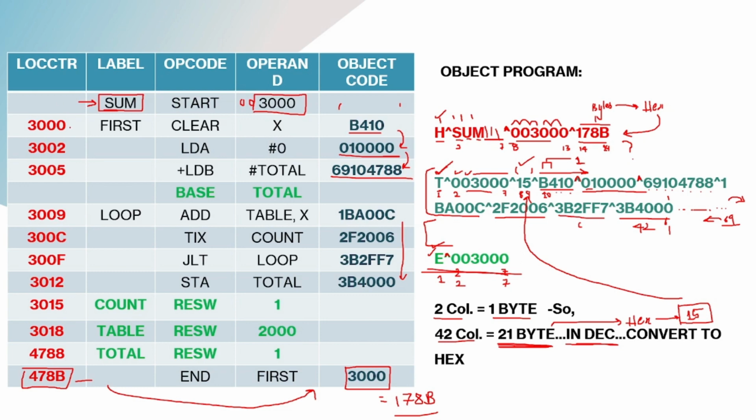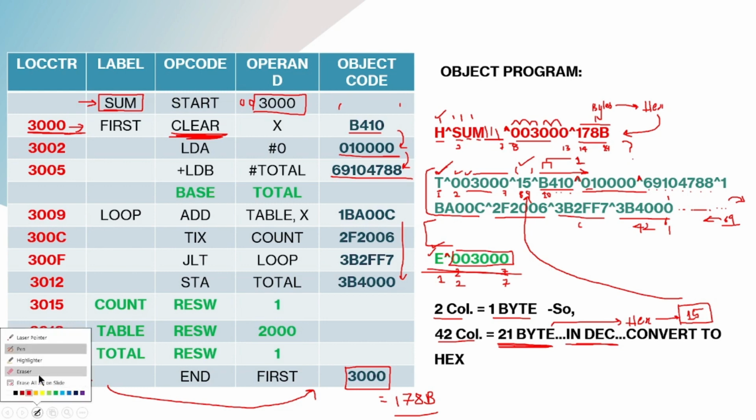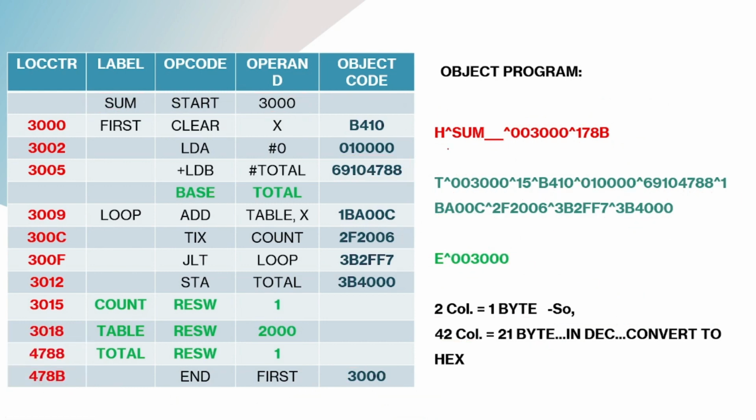You can see here, this is your first executable instruction, and that address is 3000, and you fill that in right here in columns 2 to 7. Once you're done with that, your object program is complete. This is your object program. It's a bit dirty, just clear it out. So this is your object program.